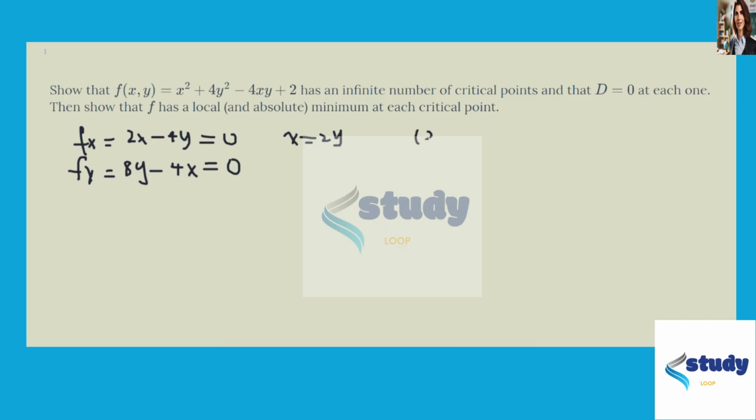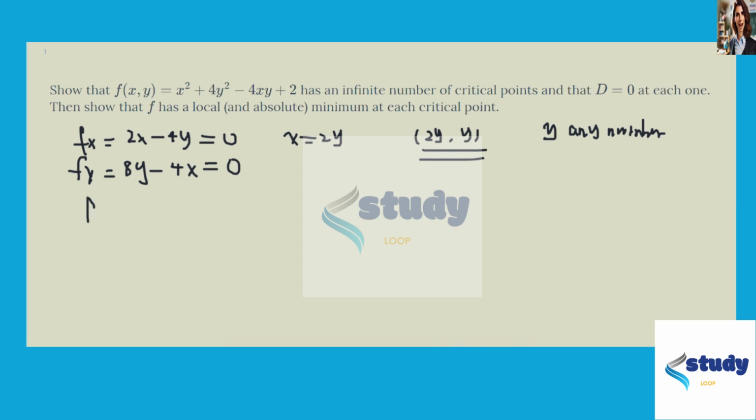So for the point (2y, y), y can be any number. Other points like this are the critical points of f(x,y).